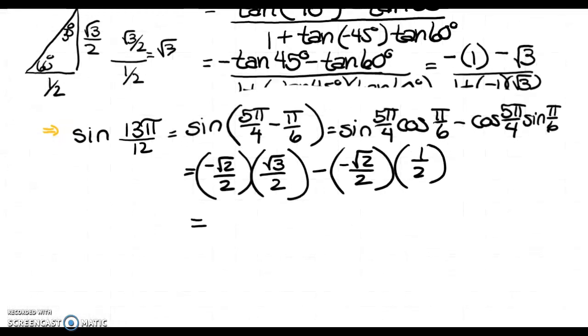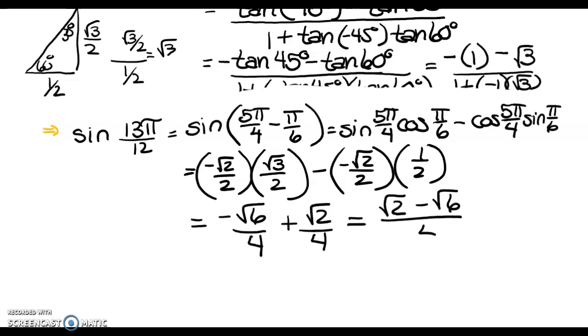So when I multiply that out, I get negative radical 6 over 4 plus radical 2 over 4. I never like my negatives in front, so I'm going to switch my two terms to get this.